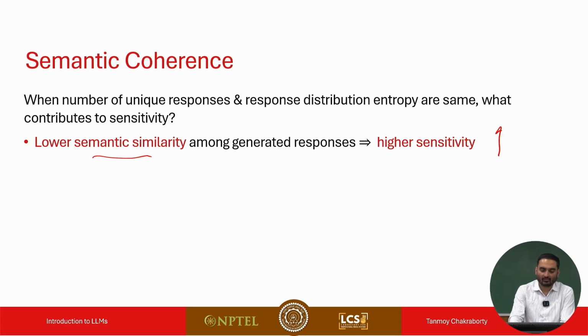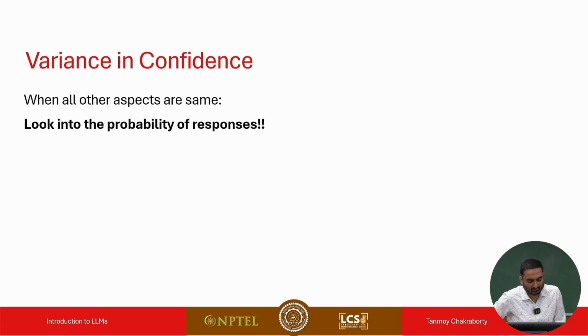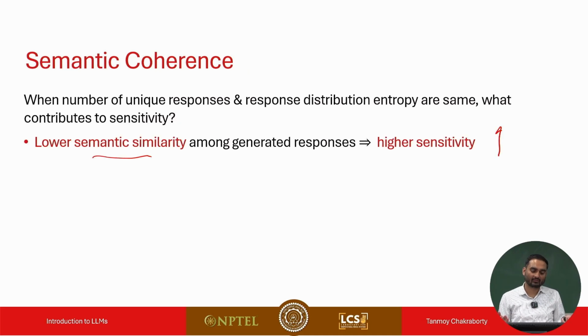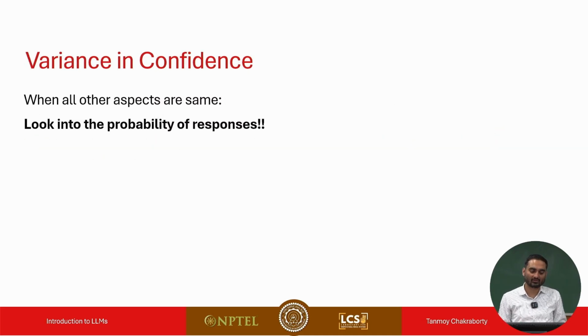The fourth one is variance of confidence. Assuming that the response diversity, the distribution entropy, and the semantic coherence are the same for both models, what else? You check how confident the model was in producing those responses, and you look at the variance.